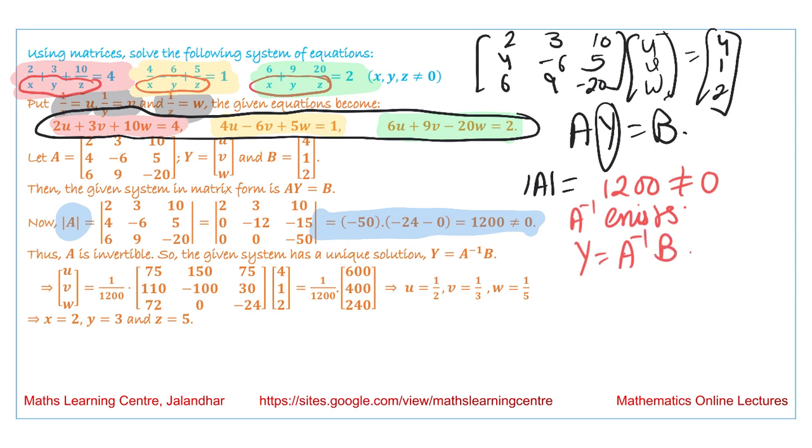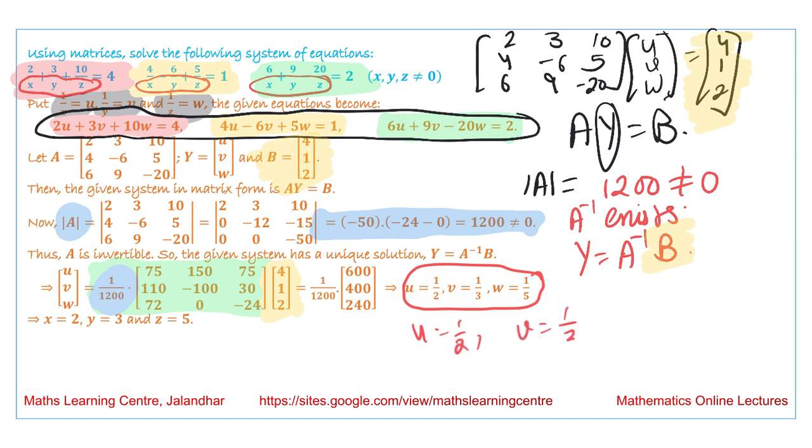When we calculate A inverse of B, we calculate the adjoint of A, multiply it with 1 over the determinant of A, and finally multiply it with the value of B. On multiplying, we obtain the values of u, v and w: u is equal to 1 by 2, v is equal to 1 by 3 and w is equal to 1 by 5.